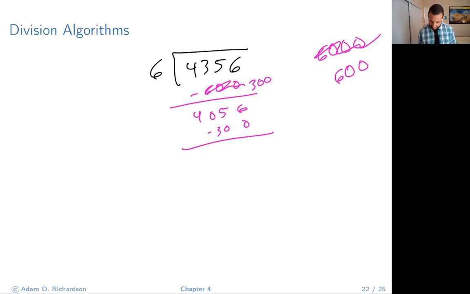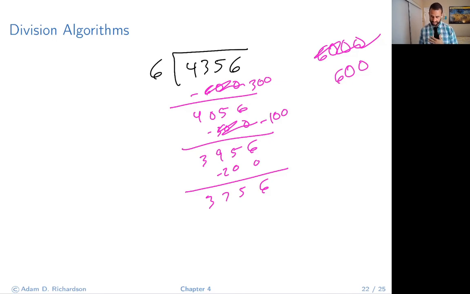Let's subtract 100 away and see if that makes it easier. If I subtract 100 away, I should have 3,956. And then I can subtract 2 more hundreds, right? 3,756. Whew, okay, that's a little better. Is that right? That's right, okay.